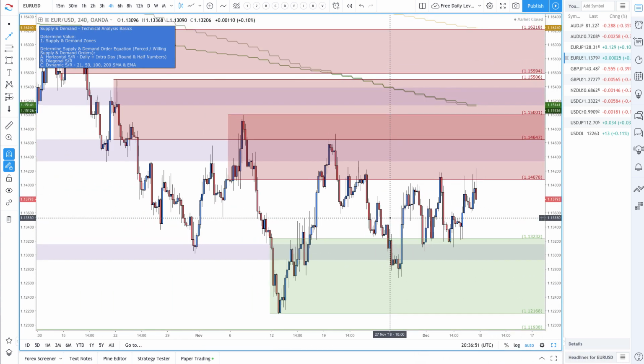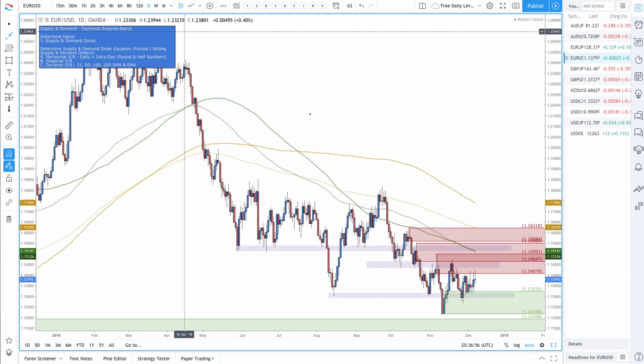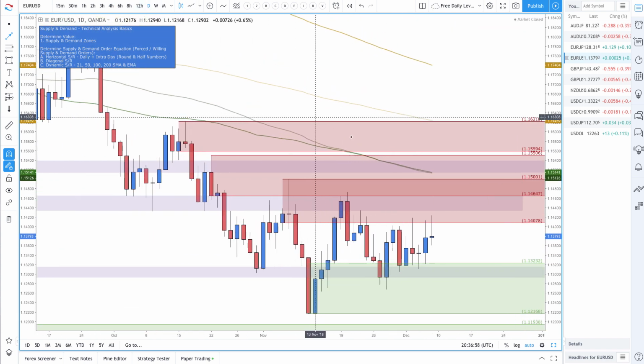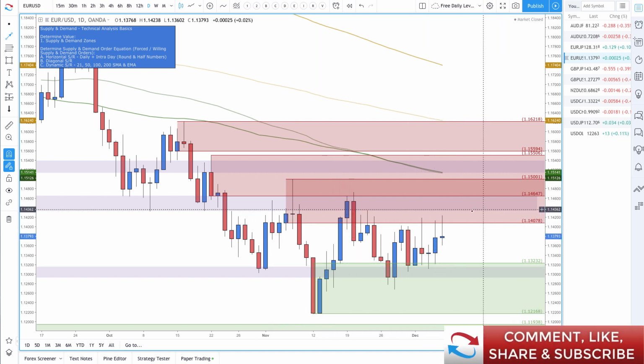Let's look at this from the supply and demand order equation. Let's go to the daily. So on the daily time frame chart, again, just above here you've got an area of support, support, support, resistance, resistance. So you've probably just come up into this area here.